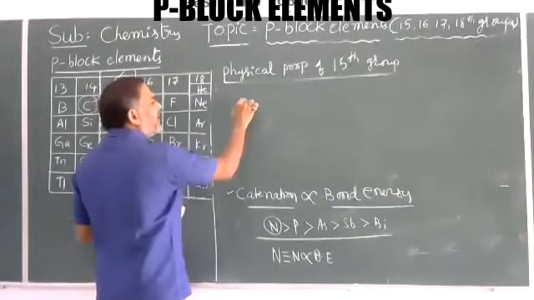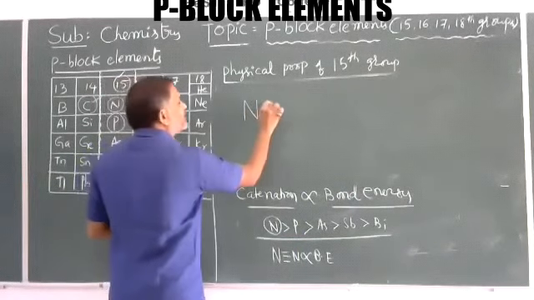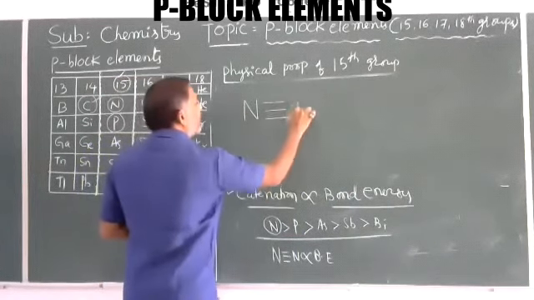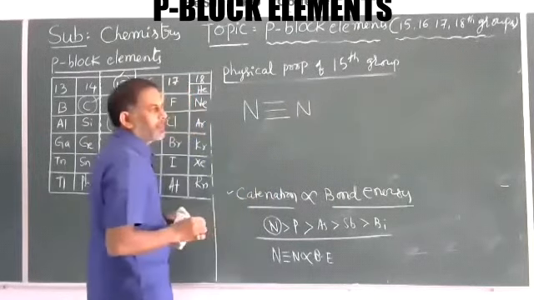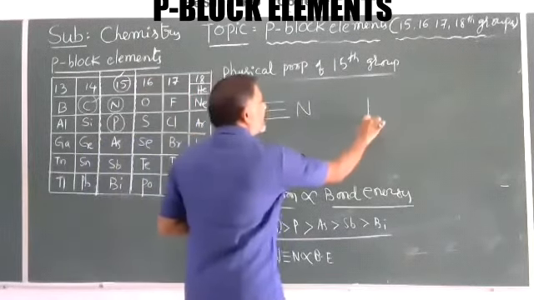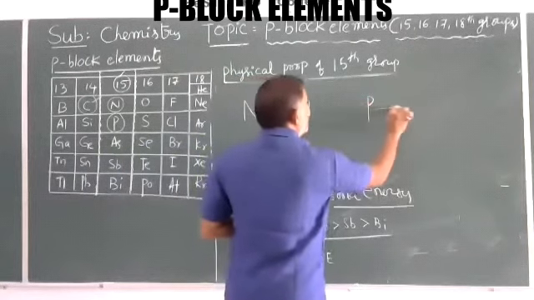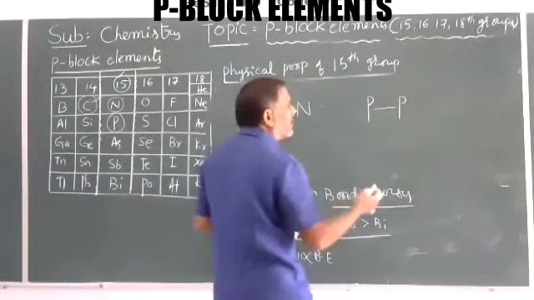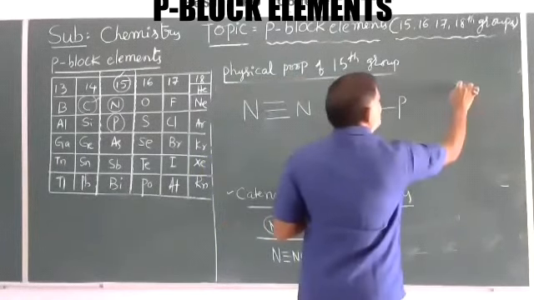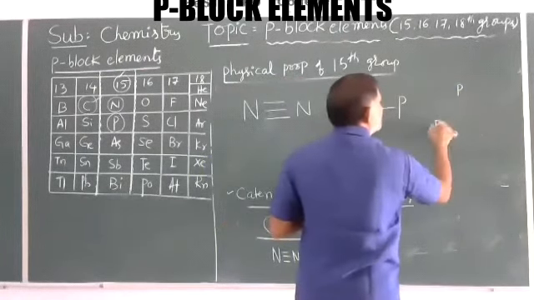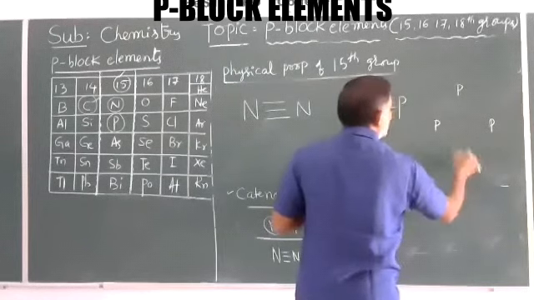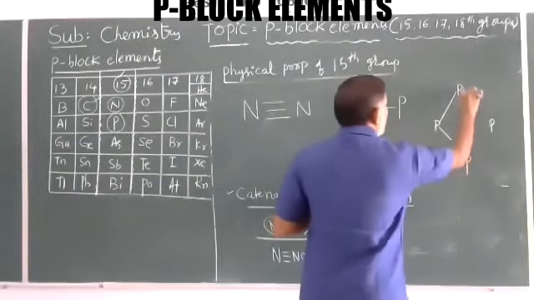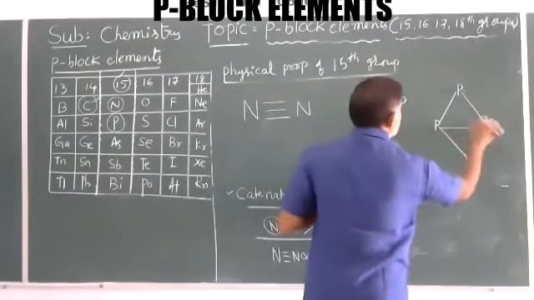Here there exists a triple bond between nitrogen and nitrogen like this. Whereas in phosphorus, like tetrahedral white phosphorus, phosphorus and phosphorus are tetrahedrally bonded like this.